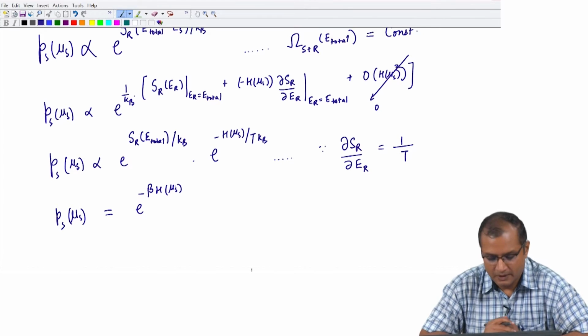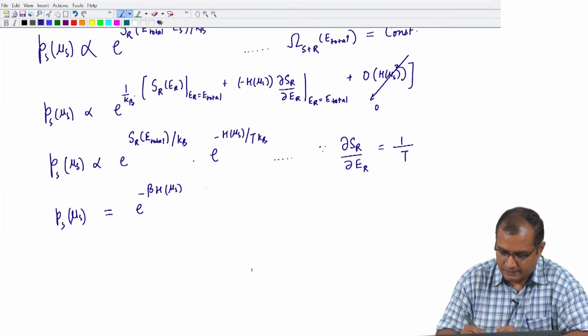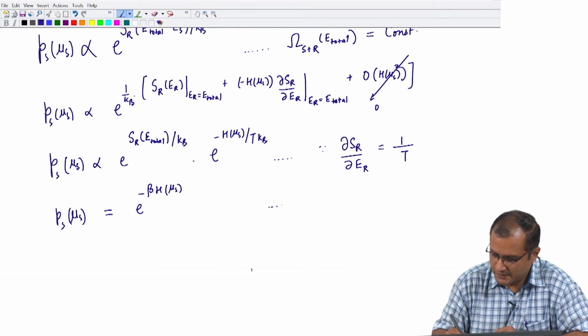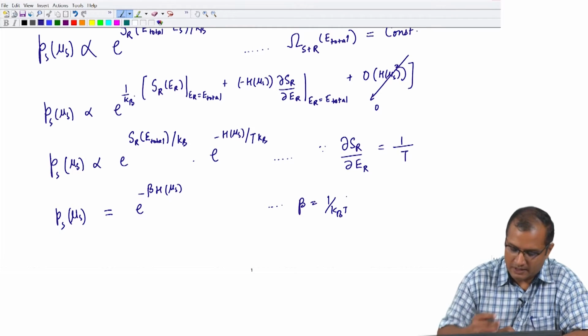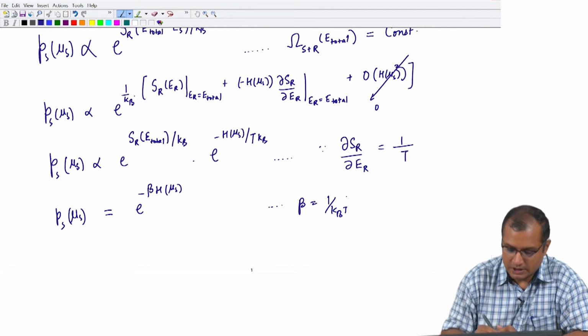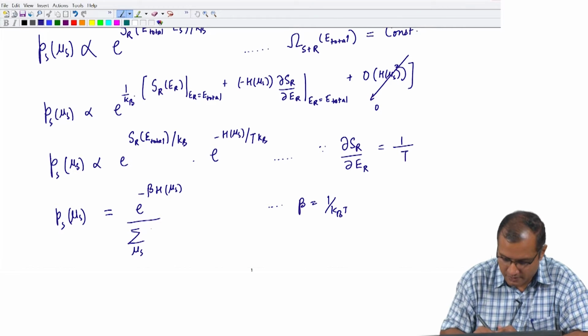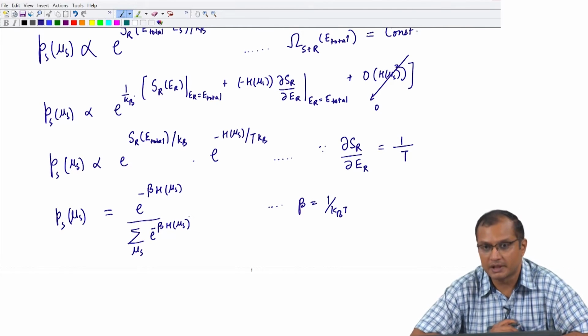You can basically substitute this beta as 1 upon kBT. Look at the fact that I have converted the proportionality symbol into an equality, which means I am going to divide this entire thing by the summation over all microstates e to the power minus beta h mu s, so as to normalize it to unity.